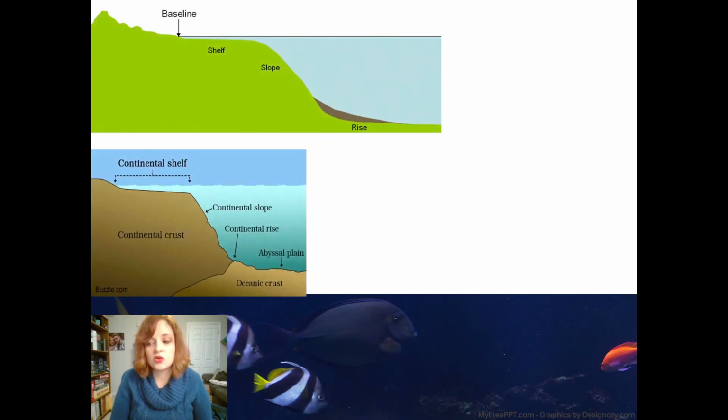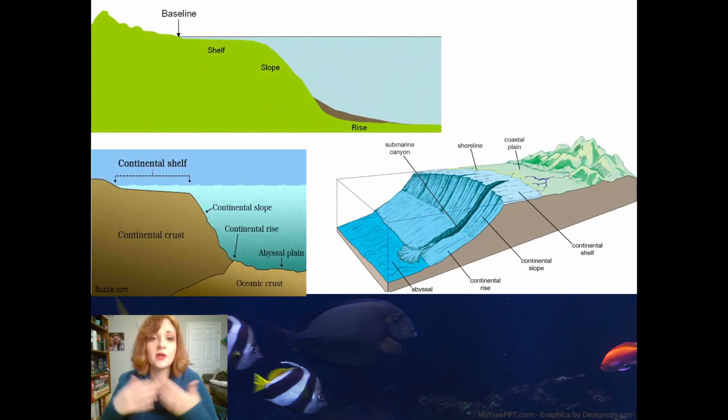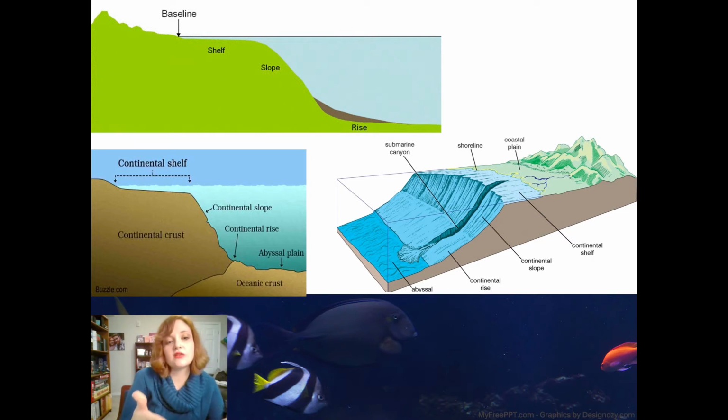Some pictures. Okay, so again, you can see the picture that I keep using for each part above me, where you got the shelf and the slope, and then the rise. This one is not as distinct, but I really love the picture above that. It shows a great rise where the rise is in brown.